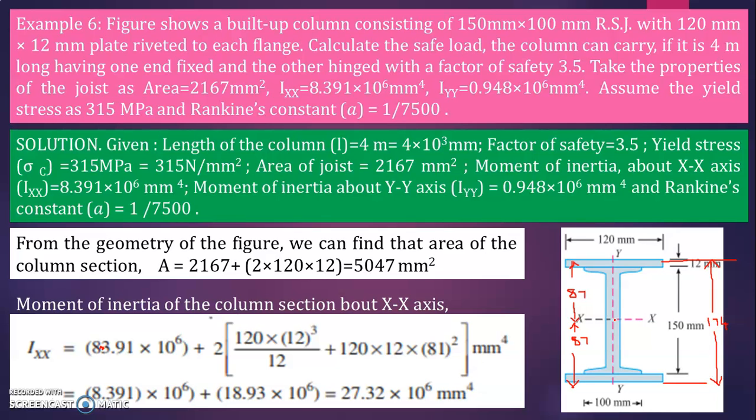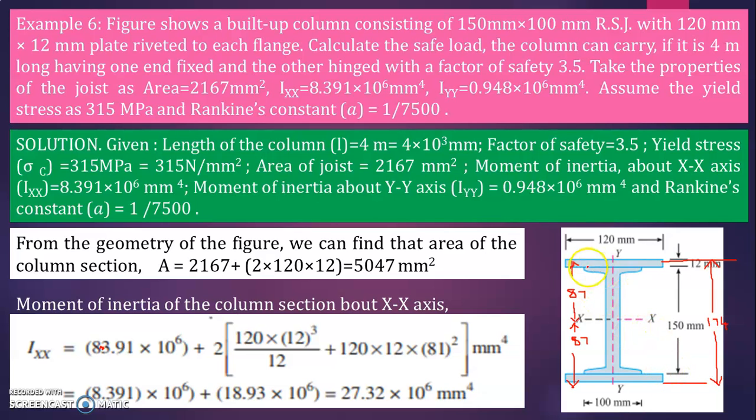What is the formula to find Ixx in the case of a T section? That is BD cube divided by 12 plus A y square, right? So for that, first you have to calculate what is y. Y is the distance from the neutral axis to the CG of that section.